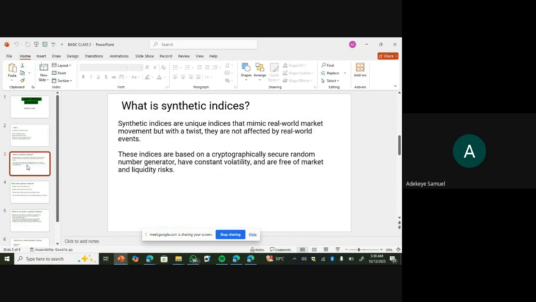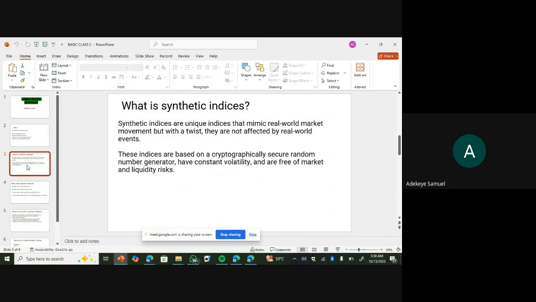But synthetic indices do not have anything to do with banks, and no organization controls synthetic indices.